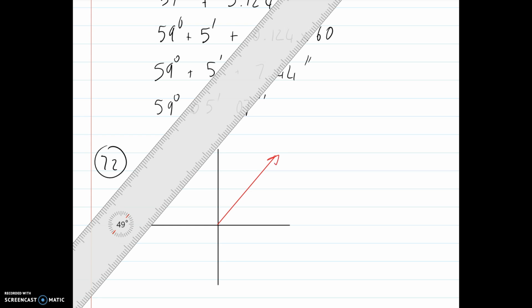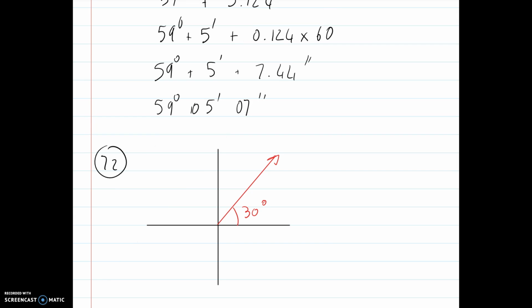This angle right here, let's say it's 30 degrees. The angle of 30 degrees is exactly the same as this one, which is 360 plus 30, 390 degrees.